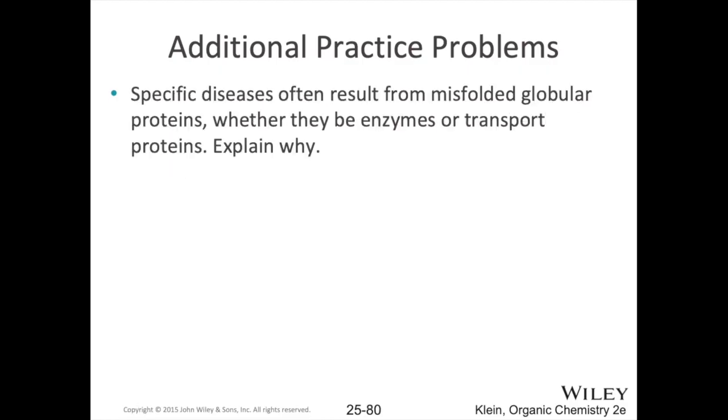Okay, so over here we have another essay type question, which again I could probably just gloss over. This is actually a really good example of understanding why the primary level of structure is so important. So if you have a genetic mutation, your genes are basically instructions to your cells on how to synthesize proteins, right?